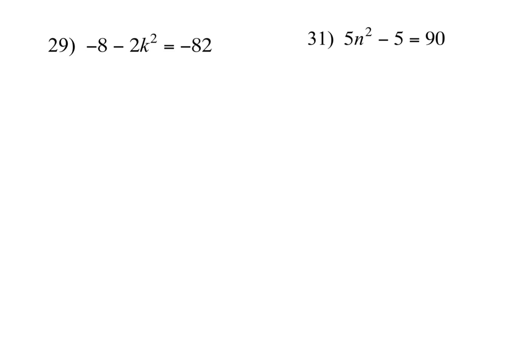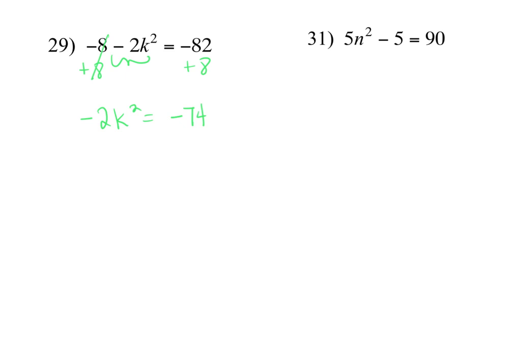So I'm going to do everything I need to do. I'm going to go ahead and add the 8 over, right? Over here, I'm left with negative 2k squared. On this side, negative 82 plus 8 gives me what? Negative 74. Right? So I have negative 74. Again, we're not going to stop.